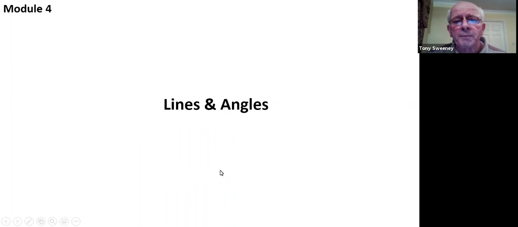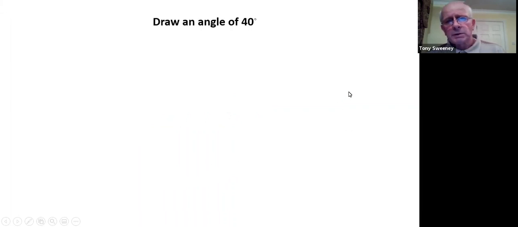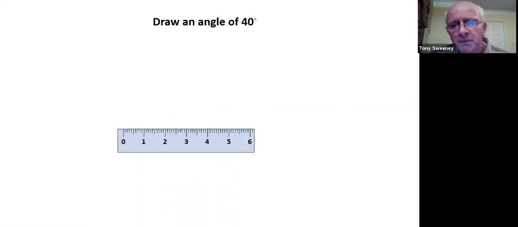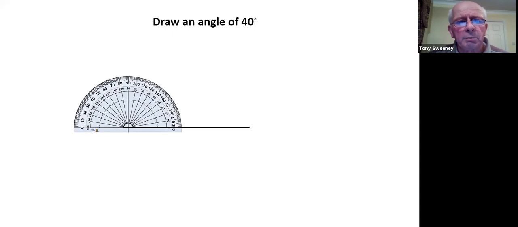Now, module 4, I call this lines and angles. It says draw an angle of 40 degrees. So you have a line, and you put down your protractor. Now, you have to measure 40 degrees, and sometimes students make a mistake because they use the wrong layer of degrees written on the protractor.